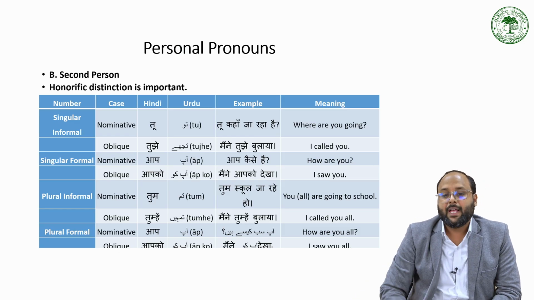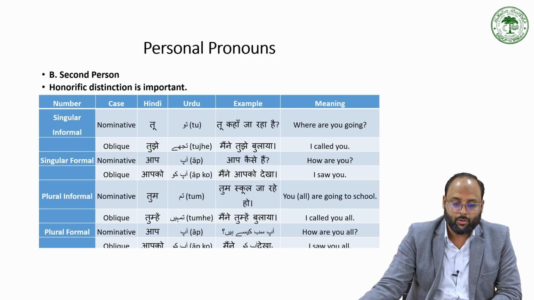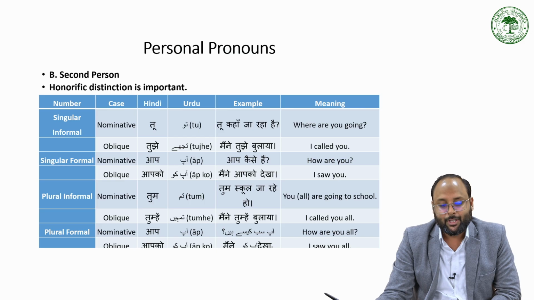And now we have this for second person. So second person can have different types of changes according to singular informal, singular formal, plural informal, and plural formal. Formal means there is some politeness, or we can say there is some honorific status.